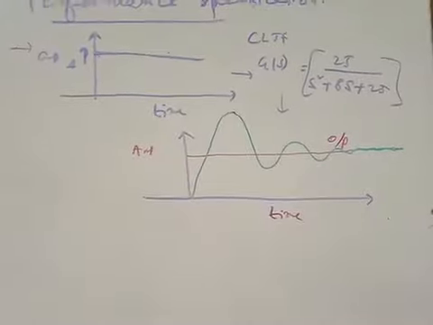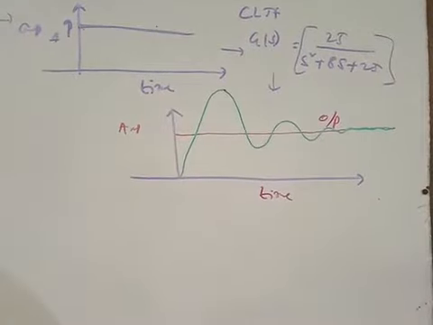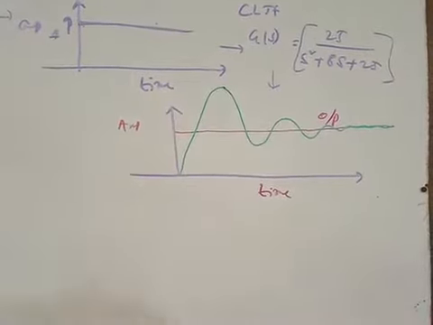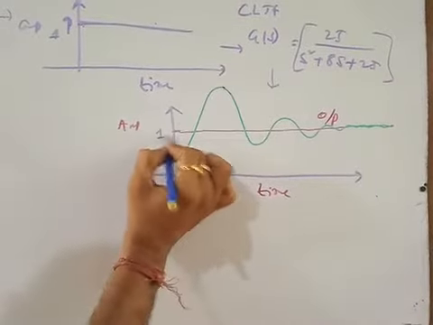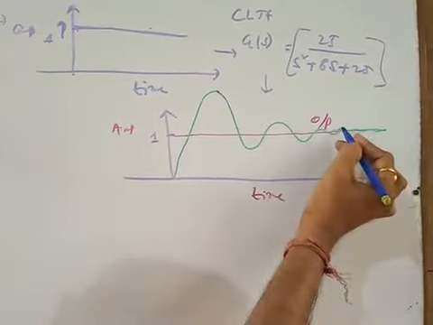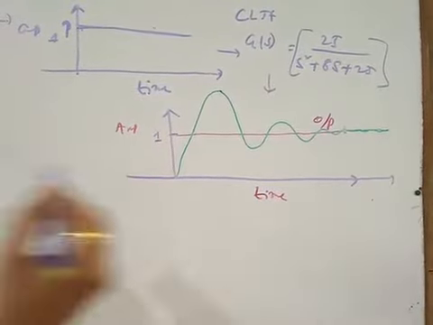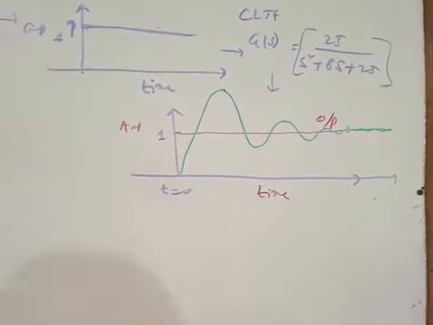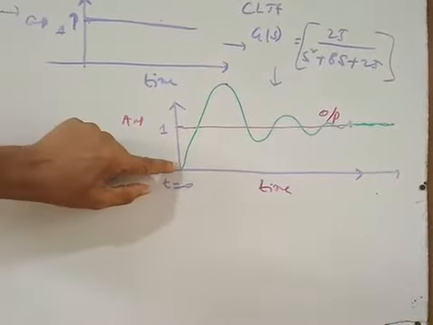You get the different sections. You see, this is your input, so the output only attains the value of the input after a certain interval of time. See, initially when you start, it is following like this.